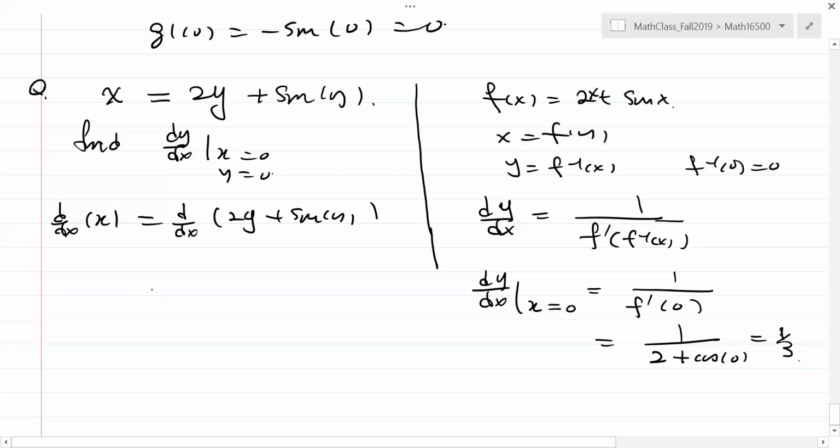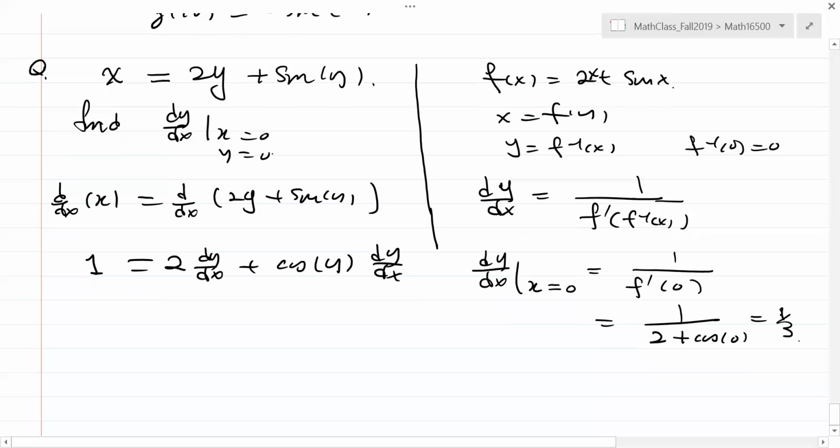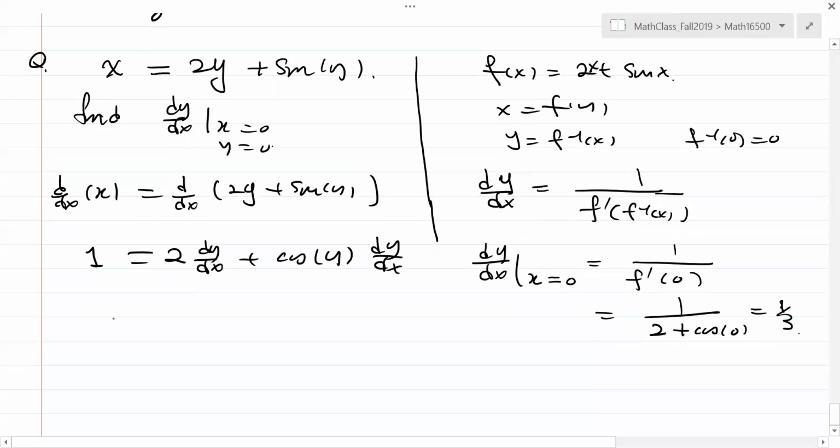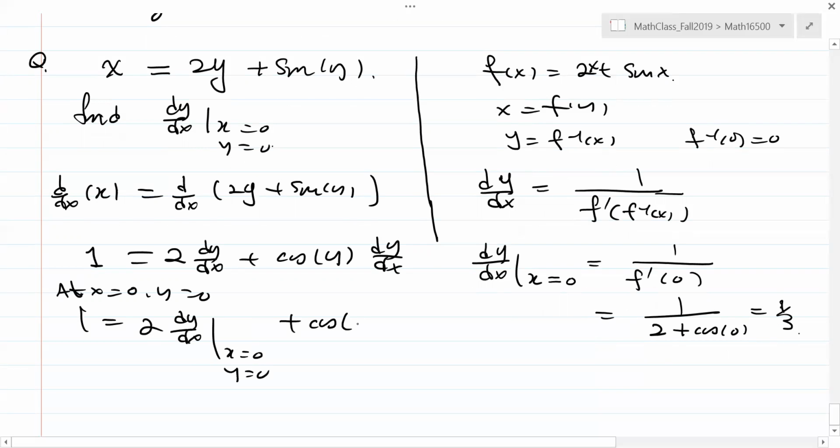Okay, then you will get 2 dy/dx plus cosine y dy/dx, and this side is 1. When x equals 0, y equals 0, it's 2 dy/dx at the particular point, and here's cosine 0.